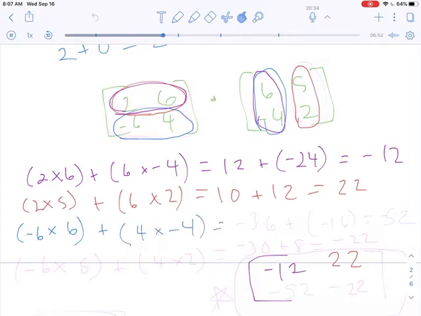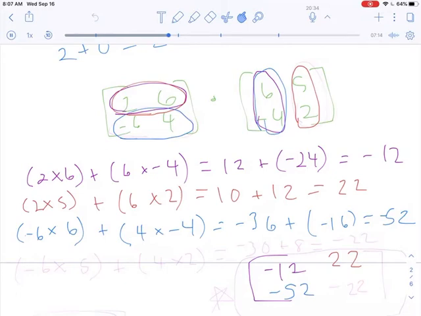That'll give us -36 plus -16, which gives us -52. So right here we'll have our -52.